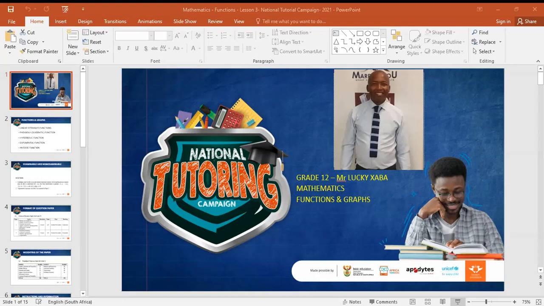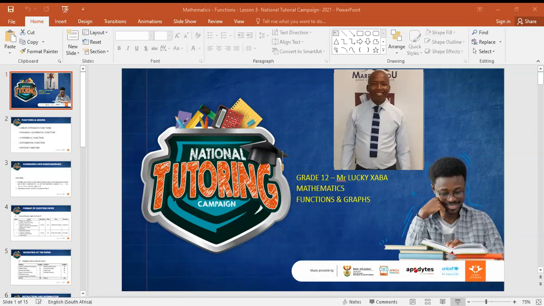Now, because I discovered it's a trapezium, I'm going to calculate the area of a trapezium. Remember, the area of a trapezium is half the sum of the two parallel lines, multiplied by the distance between them, the height between them. These are the parallel lines. So now let's get the formula.